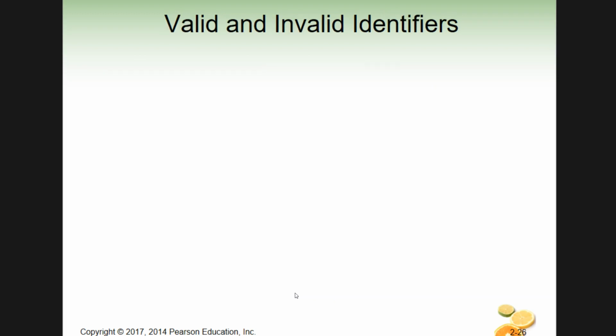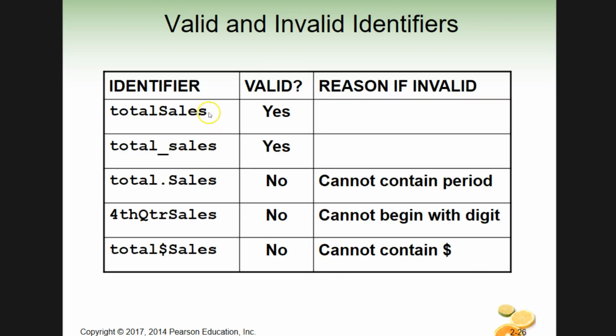Okay, let's look at a few examples really quickly. totalSales we just looked at, so that's valid. This one too, but please don't use that. Stay with this style. Total.sales, you can't have the period in there. 4thQuarterSales can't have the number starting us out.